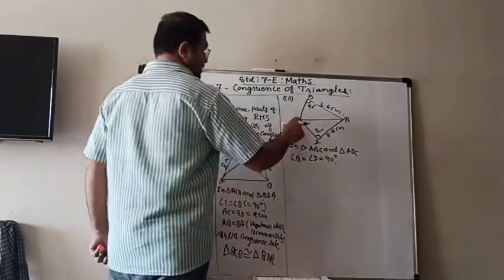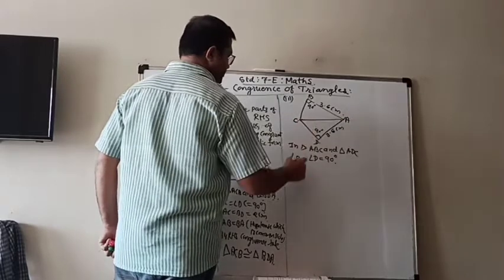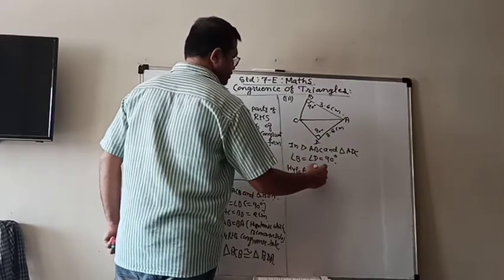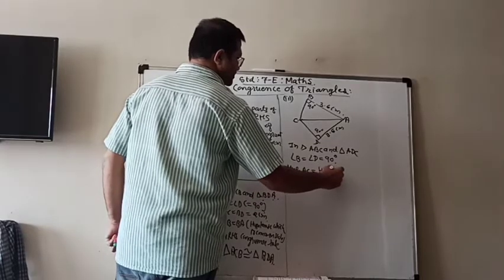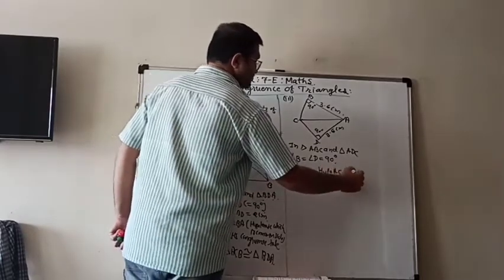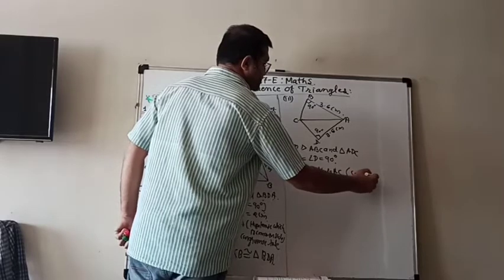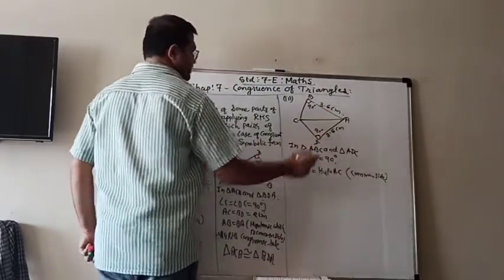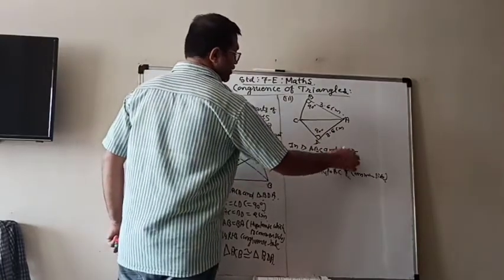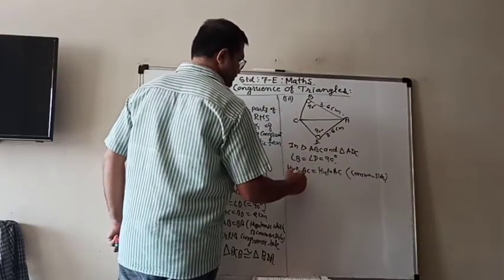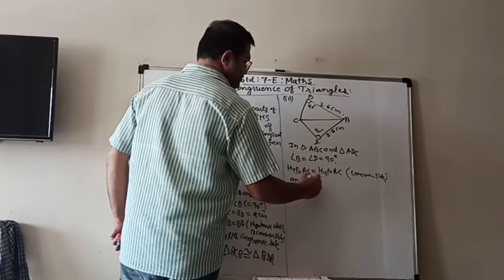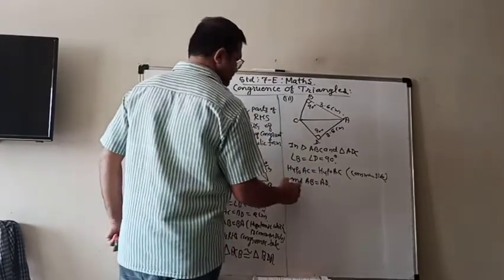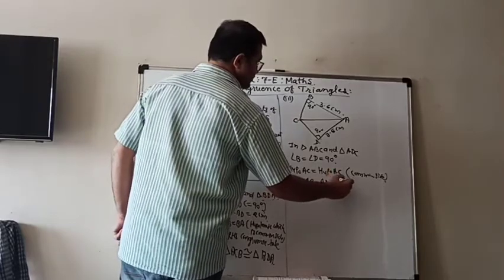Then AC is common, which is the hypotenuse. So hypotenuse AC is equal to hypotenuse AC, a common side, and a common side is always equal, and the other corresponding sides AB and AD are also equal, AB equals AD, and therefore equal to 3.6.